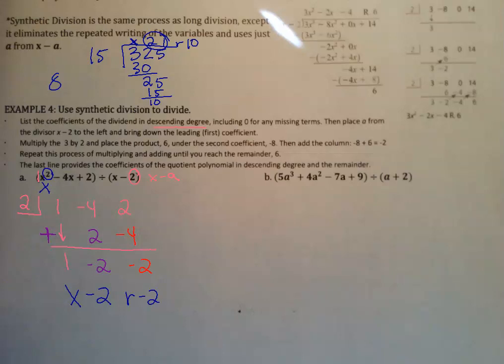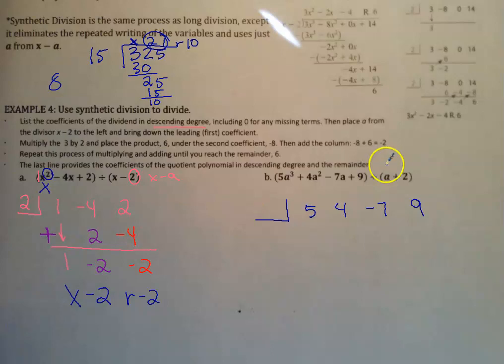All right, so let's look at the next one. We have an a cubed, an a squared, an a, and then a constant. They're all there. So to do our synthetic division, we're going to have 5, 4, negative 7, and 9. But it's negative 2 to divide by.